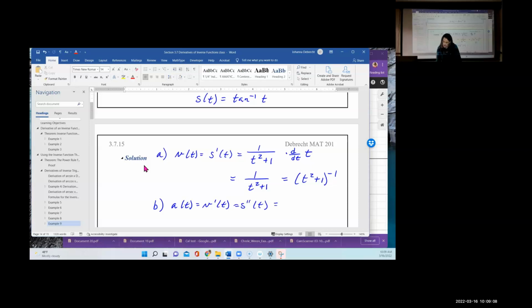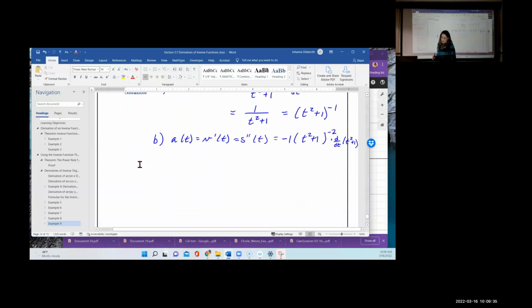So now I apply the power form. The -1 comes to the front, reduce the power by 1, and take the derivative of the inside function. So the derivative of the outside is -1 raised to the -2, times the derivative with respect to t of what was inside, t squared plus 1. We freeze the original inside at t squared plus 1. When I take the derivative of t squared plus 1, I get 2t.